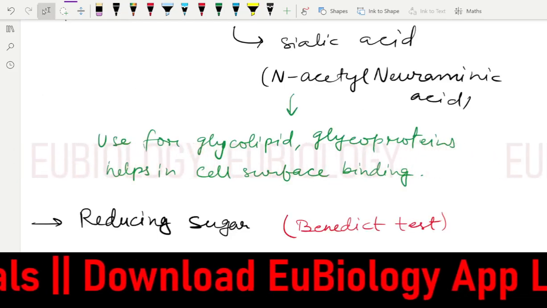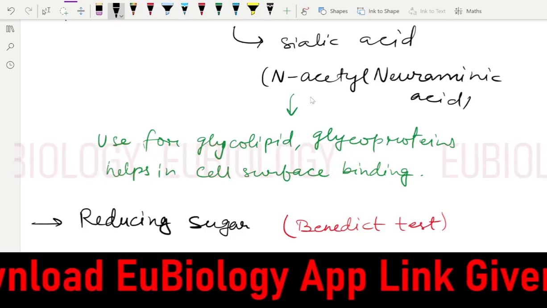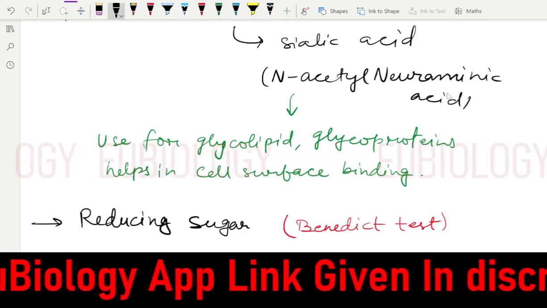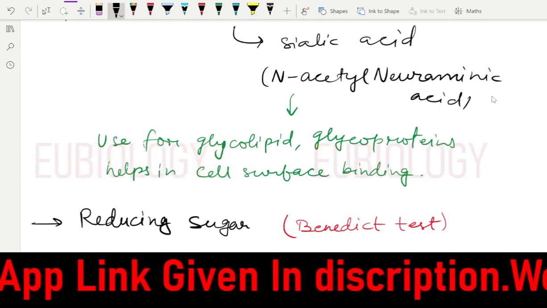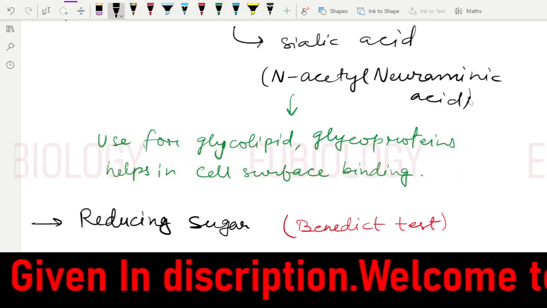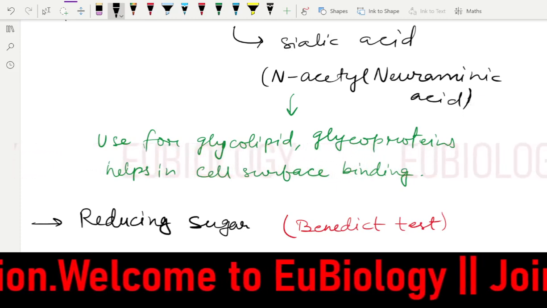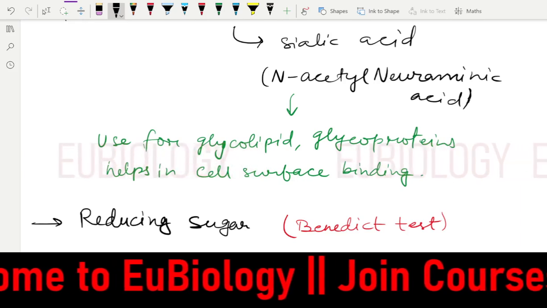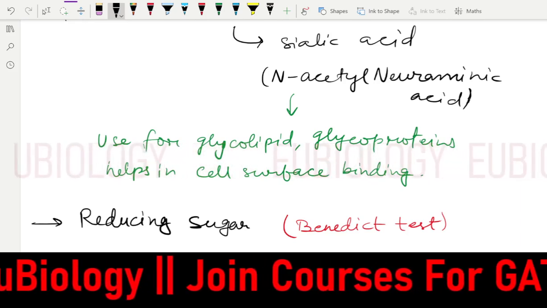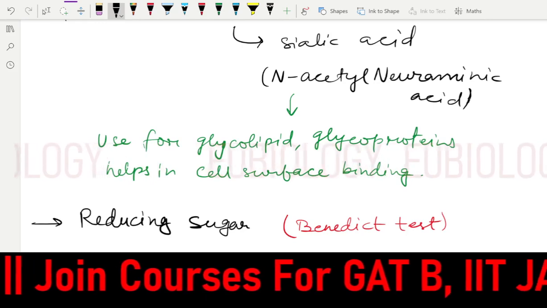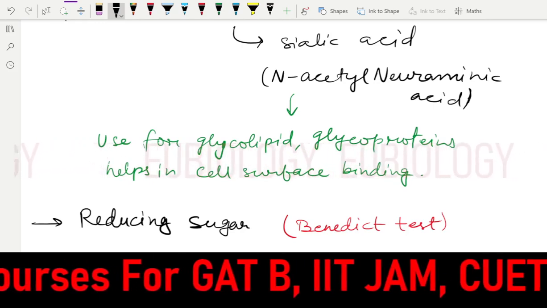So N-acetyl neuraminic acid is used to become part of the glycolipid or the glycoprotein, or the extracellular matrix binding interaction with the other components outside of the cells.